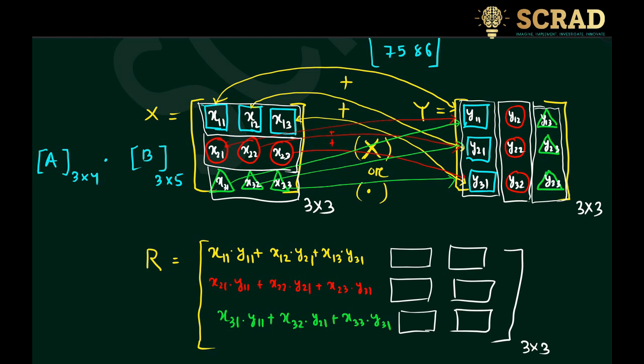Why? Because the number of columns in matrix A, the first matrix, is not equal to the number of rows in the second matrix, in this case B. So 4 is not equal to 3. That is why in this case matrix multiplication is not possible.